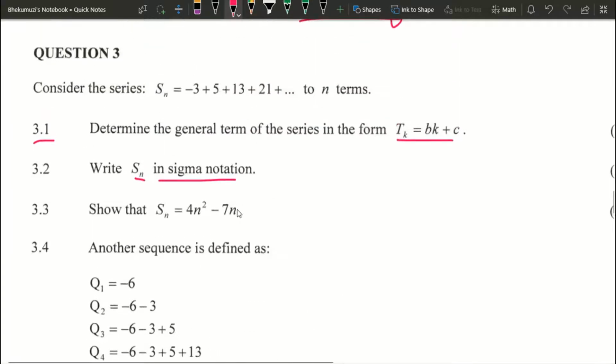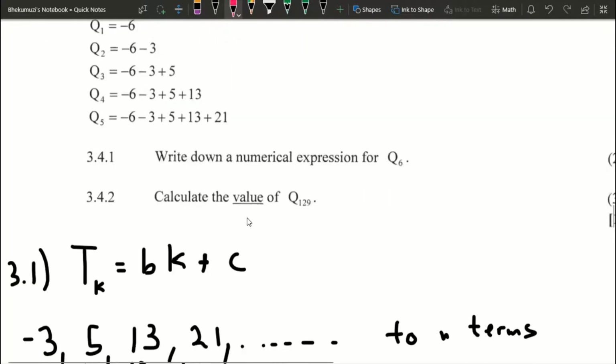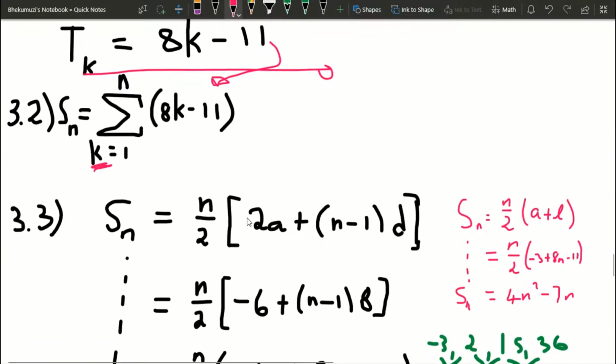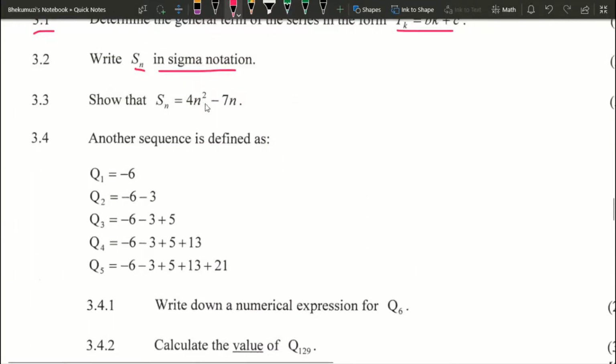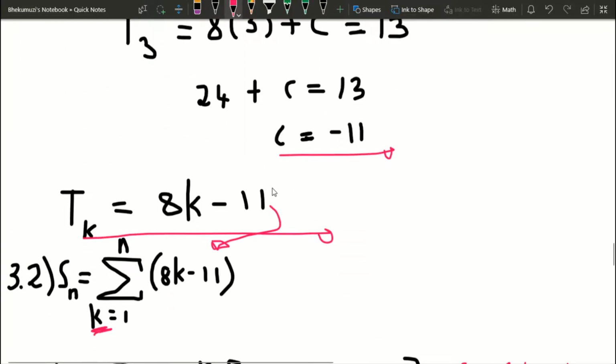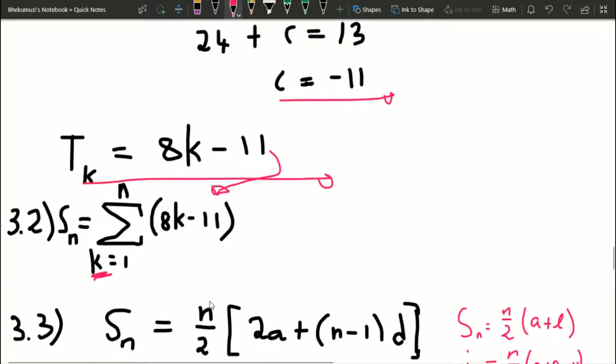And then 3.3 says show that S_n is equal to 4n squared minus 7n. Now they just want us to show that the sum, when you simplify it, is 4n squared minus 7n. And what does that mean? We already have almost everything. The general formula for the arithmetic sum is n over 2 times (2a + (n - 1)d), right?